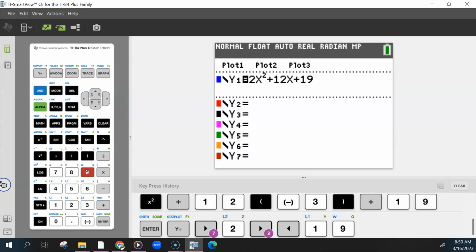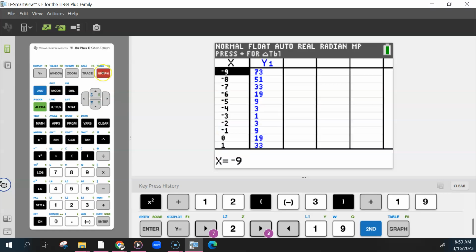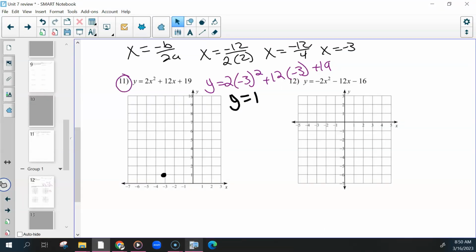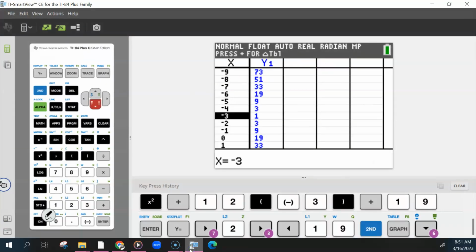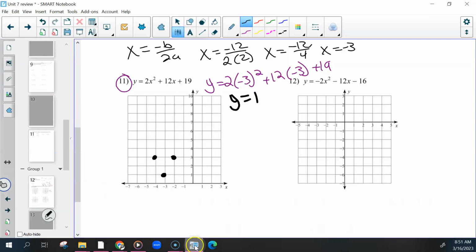And go to your table and find the rest of your values. -1. So we can go out from there. -4, 3, -2, 3. -5, 9, -1, 9.